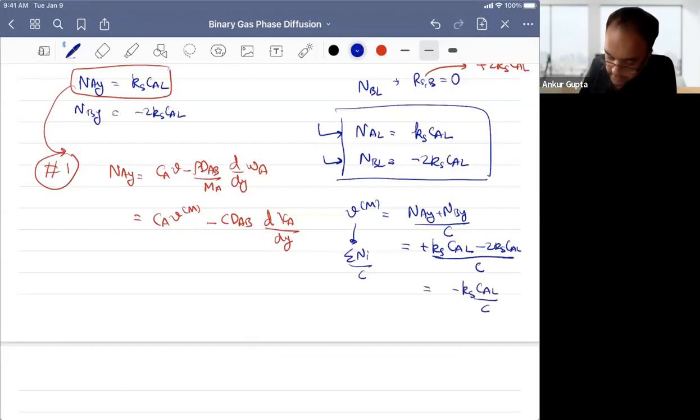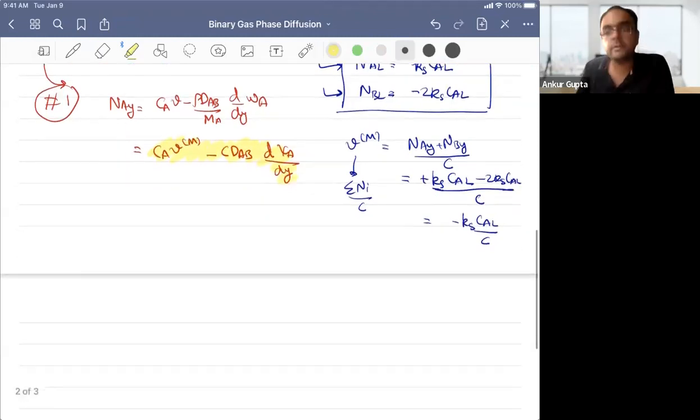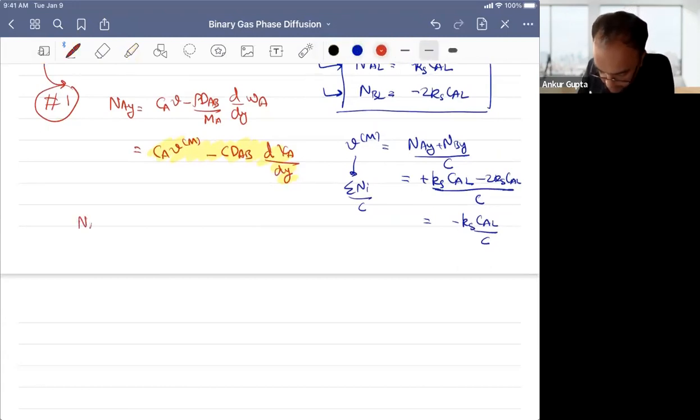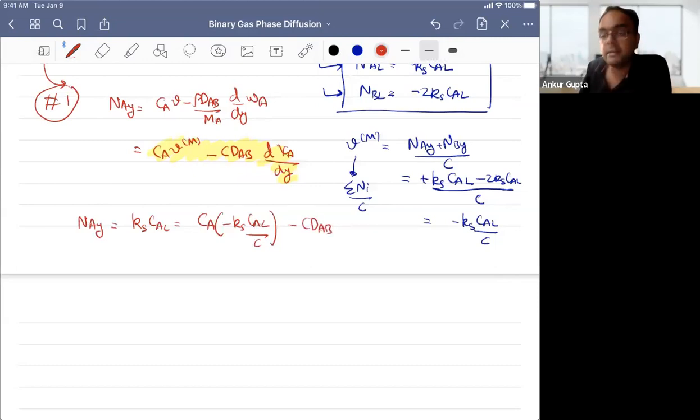First, let me focus on option number 1, where you first found the molar velocity, minus K_s C_AL by C. My NAY, which I know is K_s C_AL, is equal to C_A times the molar velocity, minus K_s C_AL by C, minus C D_AB d chi_A by dy. And d chi_A is d(C_A by C) by dy.